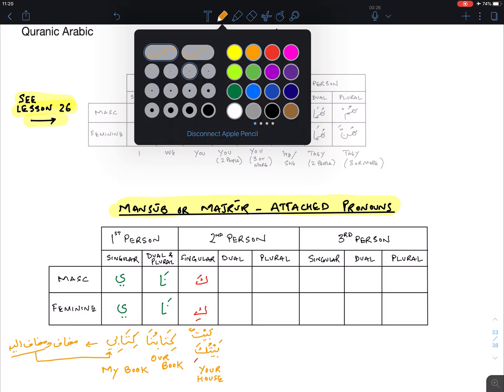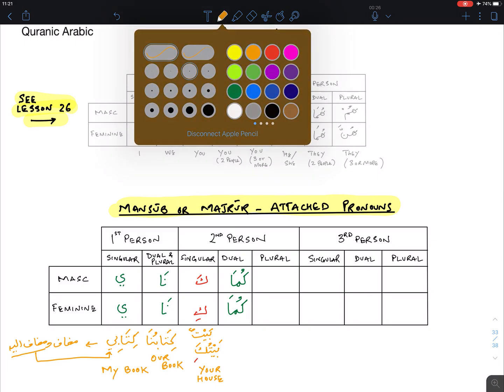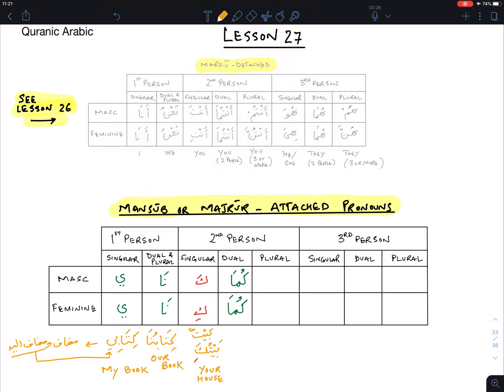Next, the term will be similar for both masculine and feminine. For second person, dual case is kumā. This is a dhamma, kumā. And I think by now you're getting the hang of it. It's going to be baytukumā.